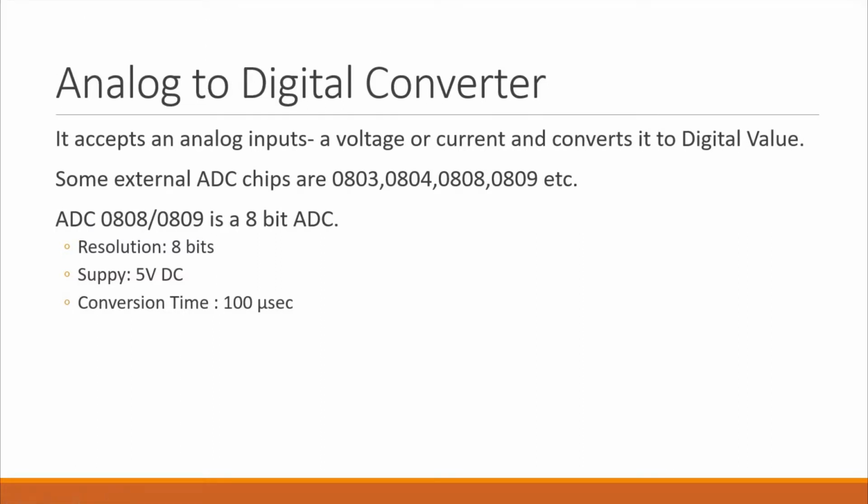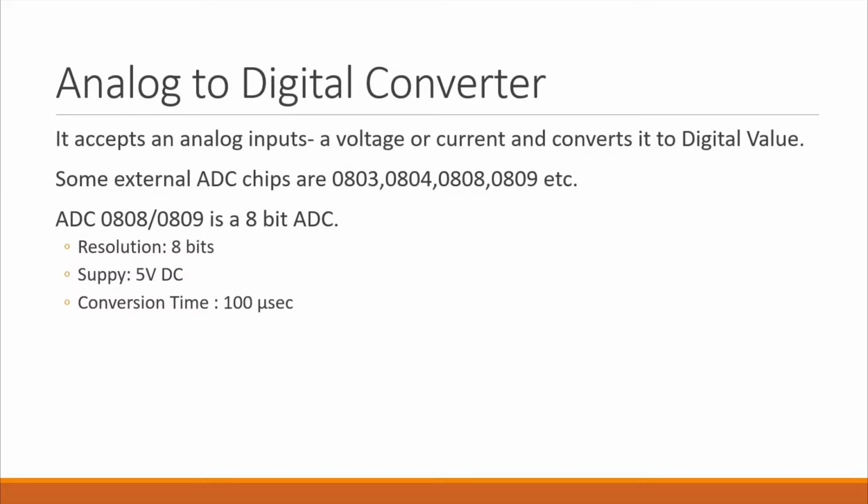When you're talking about analog to digital converter, first of all, understand what is analog and digital. I am sure that you know it. Analog is basically a variable quantity. It can be either a voltage or current, and it converts to a digital number. A digital number can be any value, but that value is represented in the form of zeros and ones.